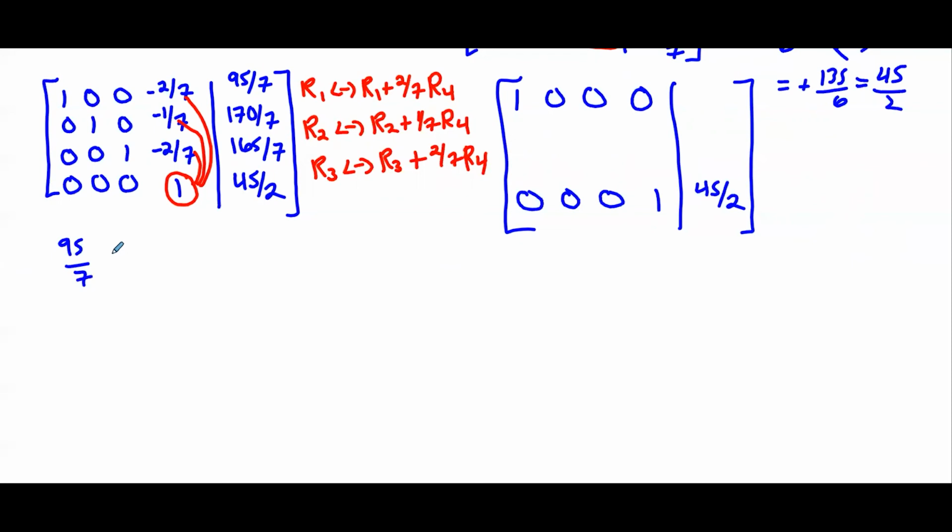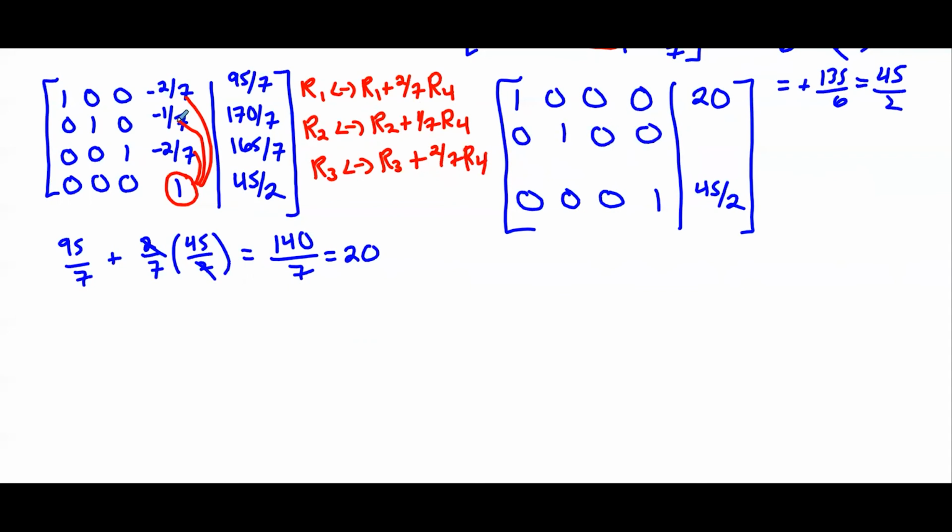95/7 plus 2/7 times 45/2. These cancel, and I get 95 plus 45, which is 140/7. That's going to be 20. After all that, we got 20. Okay, for row 2, I'm going to add 1/7 row 4, so I get 0, 1, 0, and then a 0 again, because negative 1/7 and 1/7 is 0.